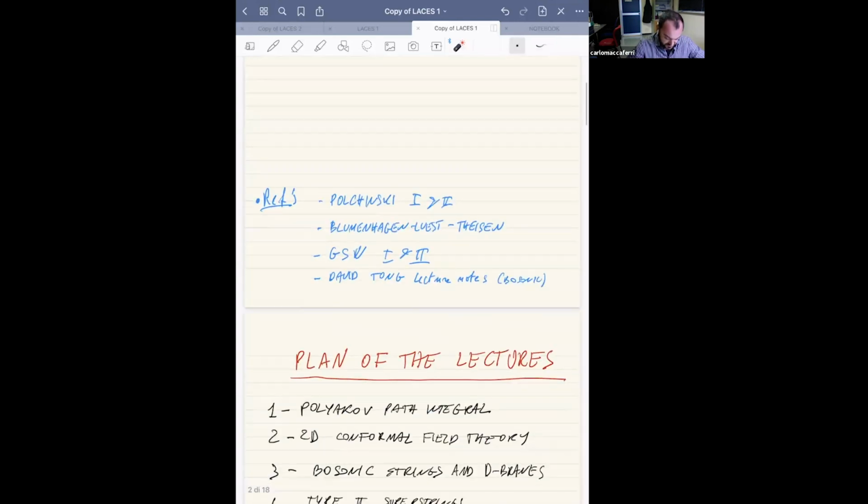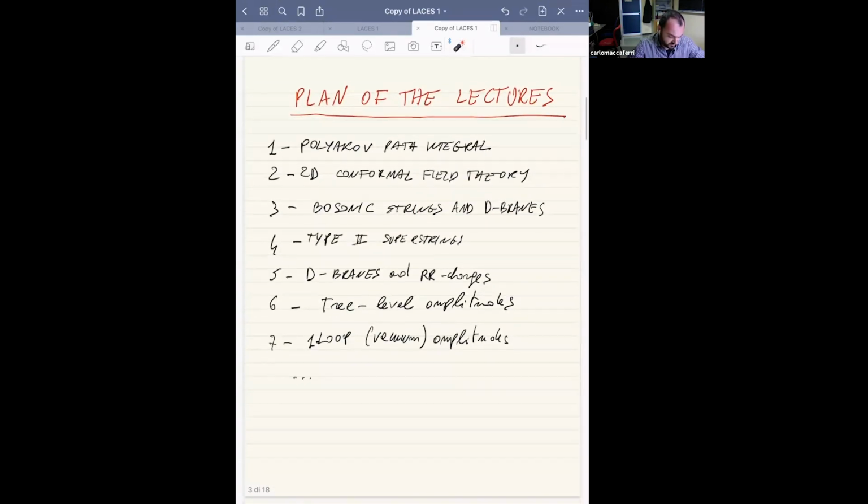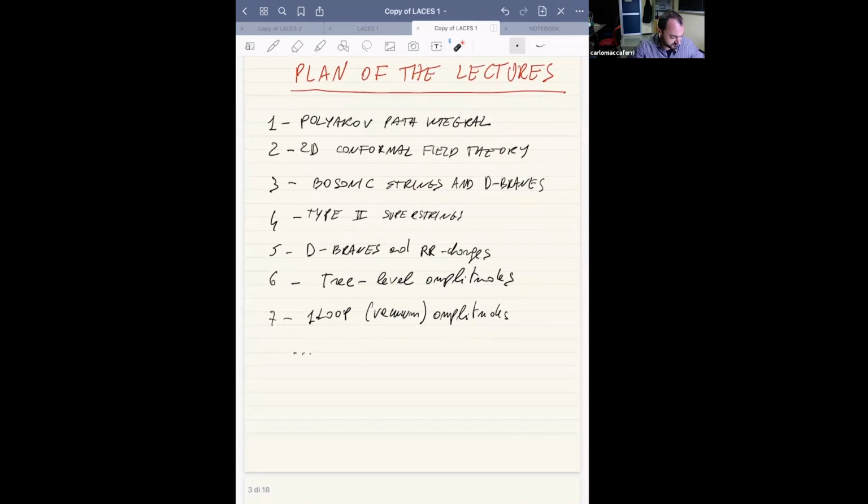Let's go to the plan of the lectures. This is more or less the material that I would like to cover during these 15 hours. We will start with the Polyakov path integral, and we will see how we can make sense of the BRST quantization of string theory, at least for the bosonic string.